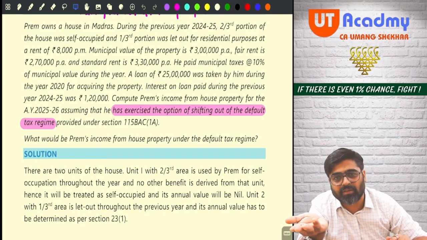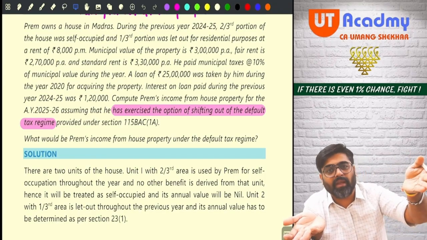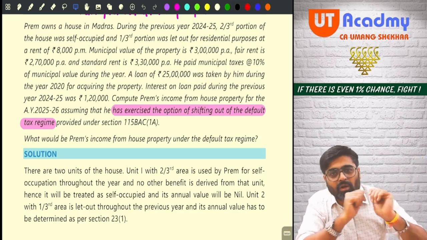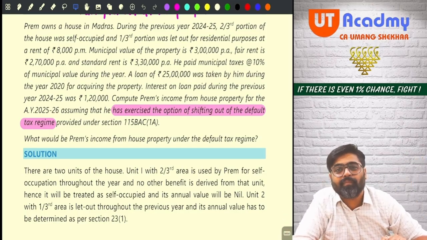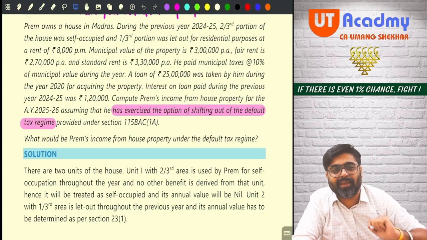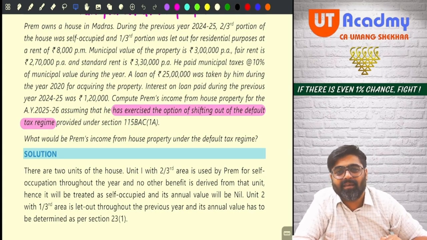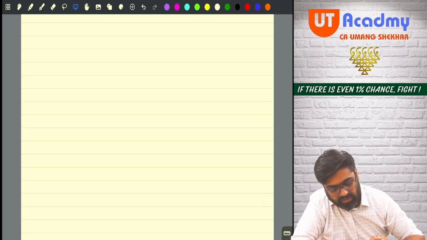Yesterday only we have discussed, macha. If he follows 115 BSE, then he is not allowed to claim interest from SOP. Do you remember this? Please note this thing.